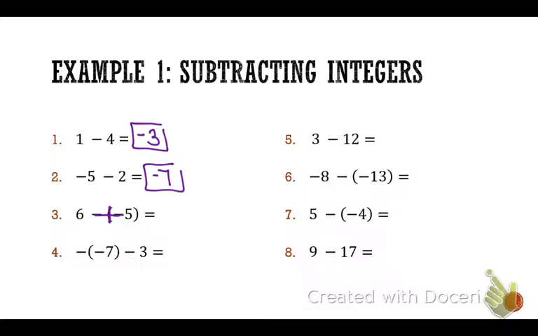You can turn it into a giant plus sign, okay? But you must change your double negative because now look, it changed your sign. Now is 6 positive or negative? Positive. Is 5 positive or negative? Positive. So 6 plus 5 is 11. And you did same sign, add and keep. They were both positive.